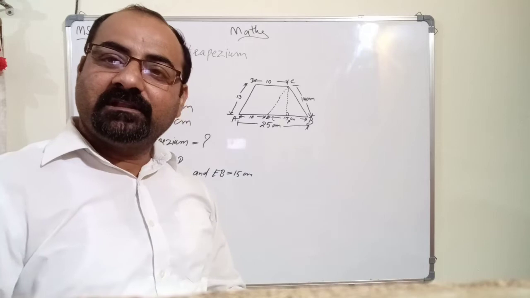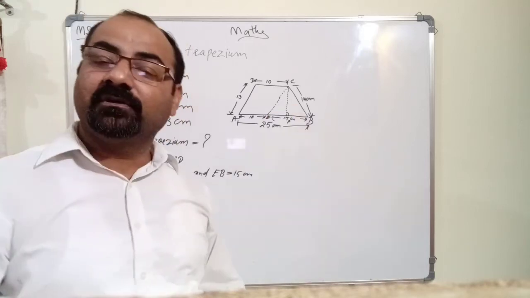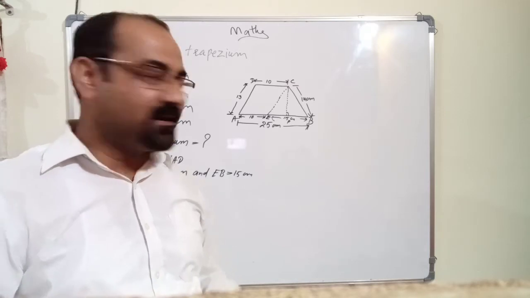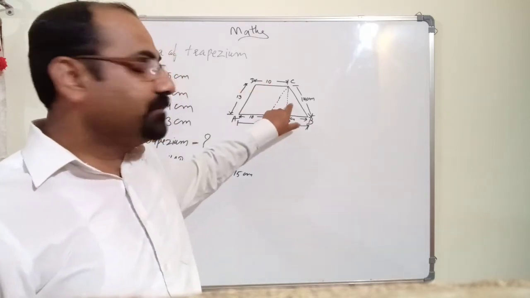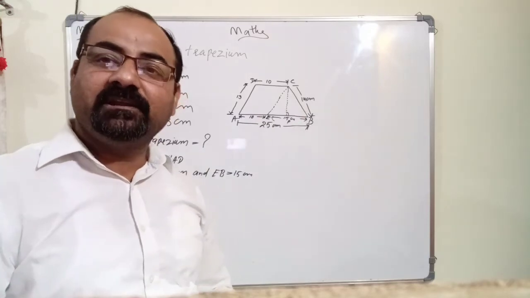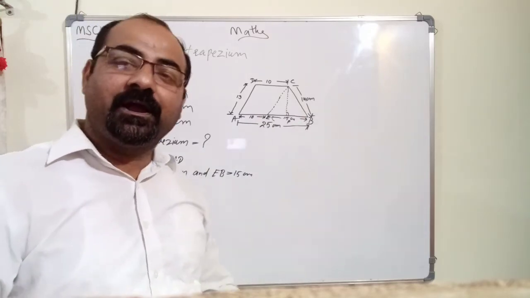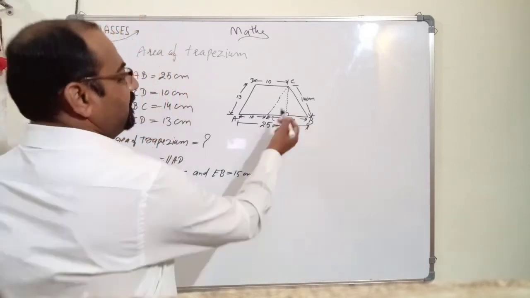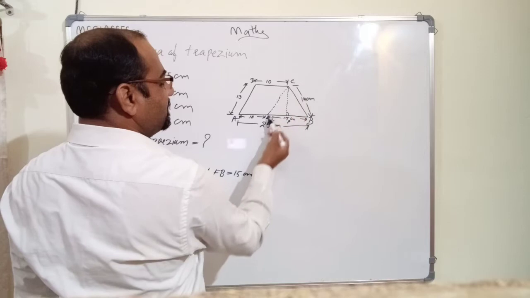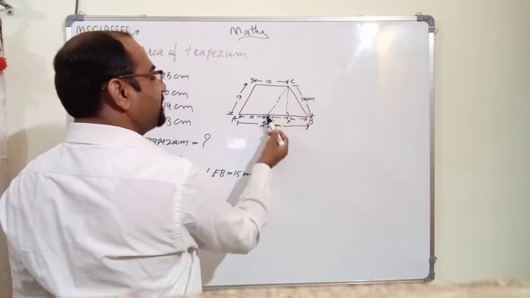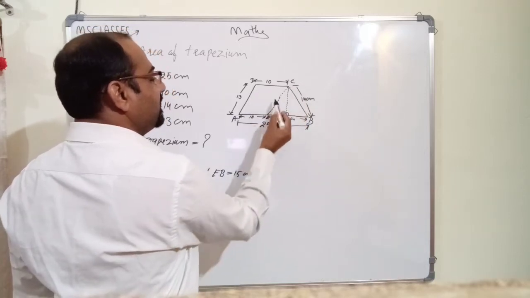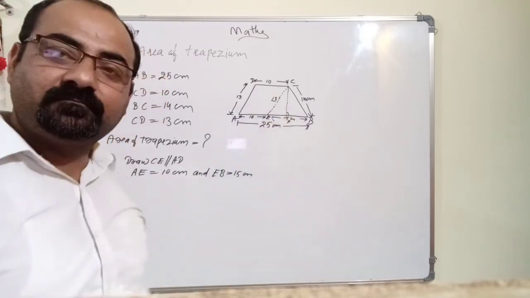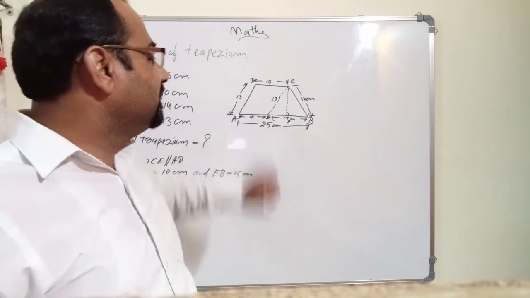And why do we calculate the height of the triangle? Because the area of a trapezium is half into sum of parallel lines into perpendicular distance. That's why we need the height of the triangle. So if CE is parallel to DA, then this is equal to 13 centimeter.